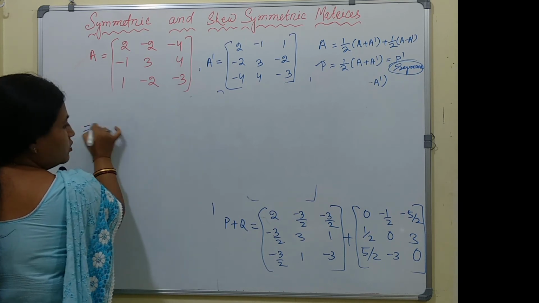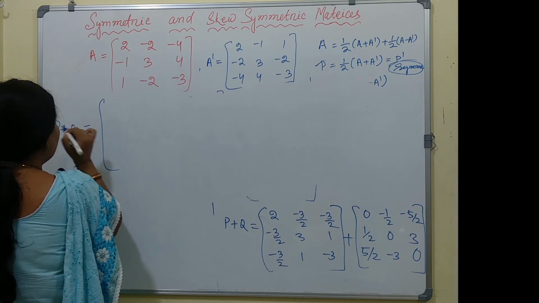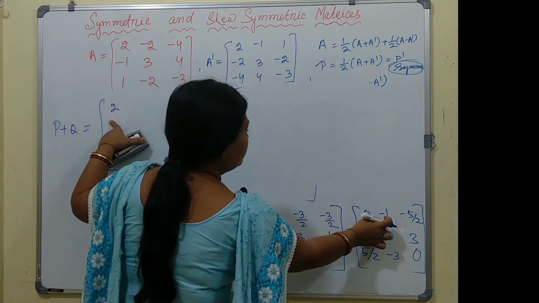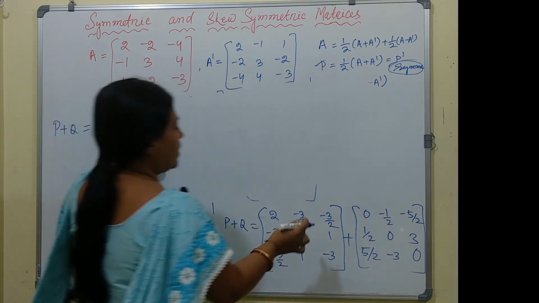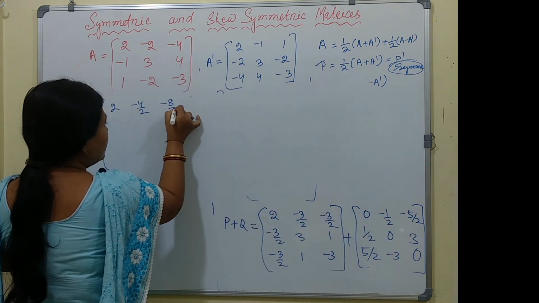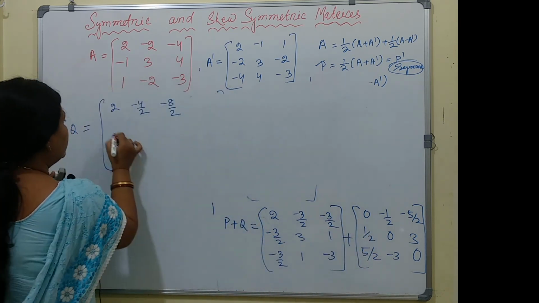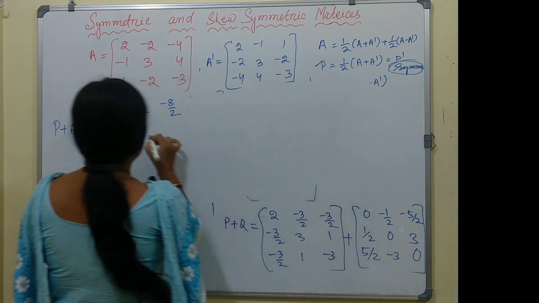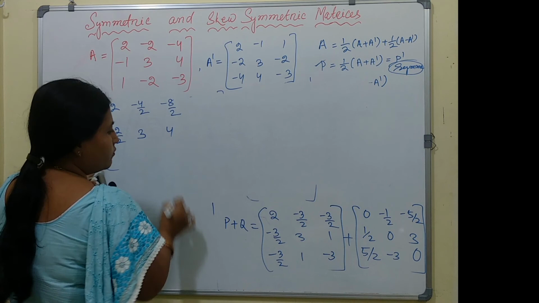So P plus Q is equal to 2 plus 0 is 2. Minus 3 by 2 minus 1 by 2, that is minus 4 by 2. Minus 3 by 2 minus 5 by 2, minus 8 by 2. Minus 3 by 2 plus 1 by 2, that is minus 2 by 2. 3 plus 0 is 3. 3 plus 1 is 4.